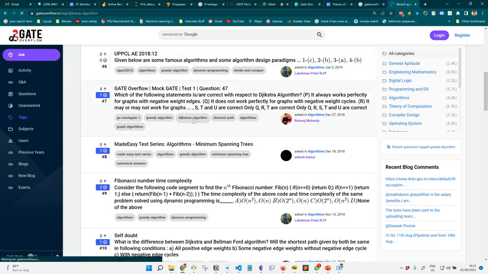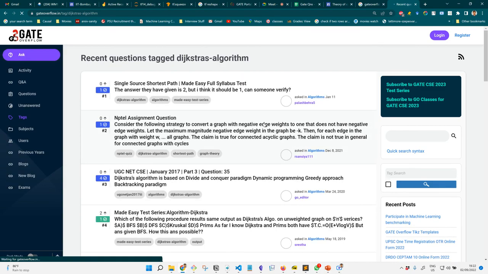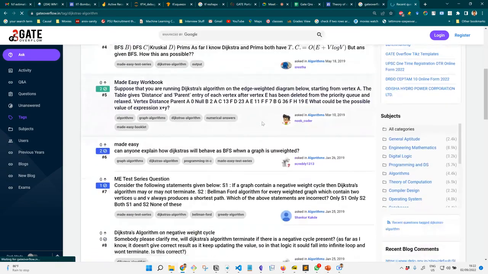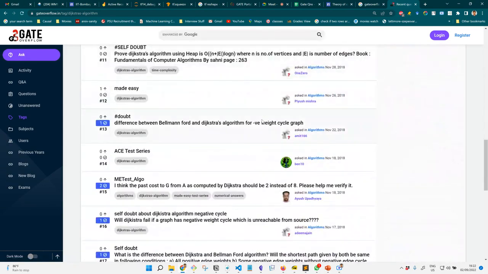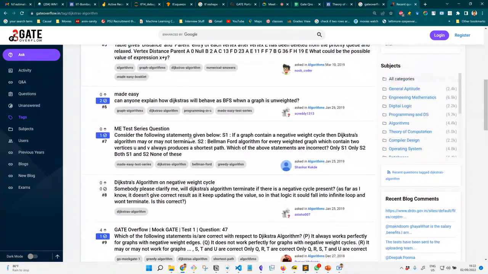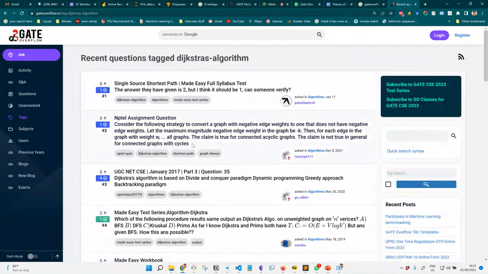If you click on Dijkstra algorithm, you get all the related questions. Maybe it is too much to solve all the questions here, but I am sure if you solve 4 or 5 questions in this topic, the concept will become very clear for you.